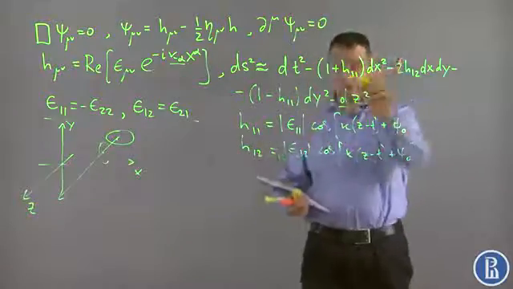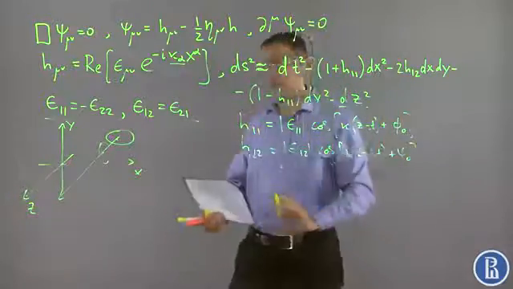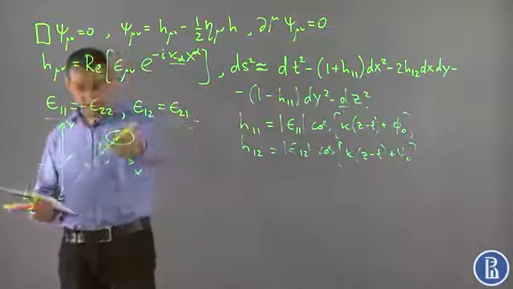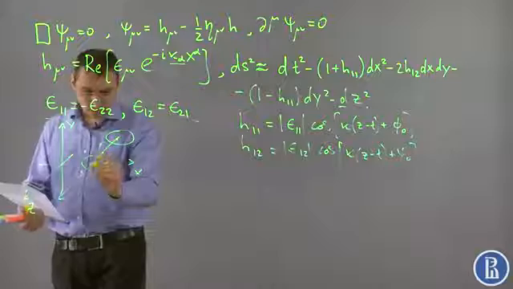So this guy solves the linearized approximation to the Einstein equations, and it describes the propagation of the wave, which are affine transformed.